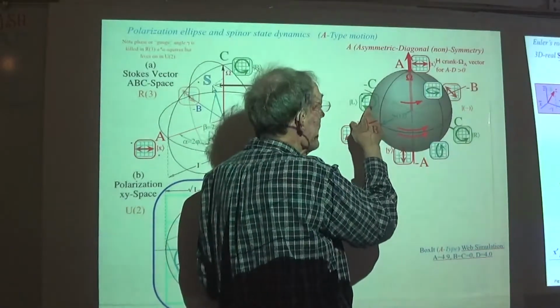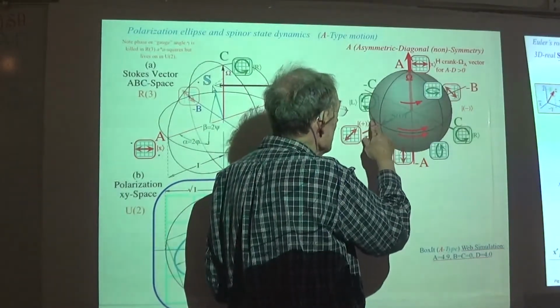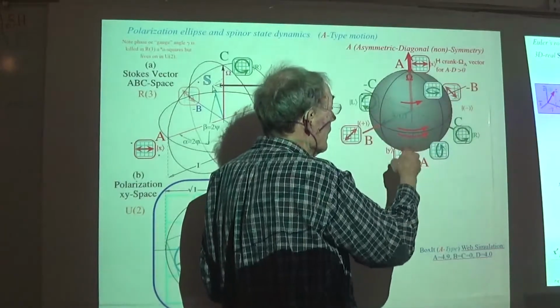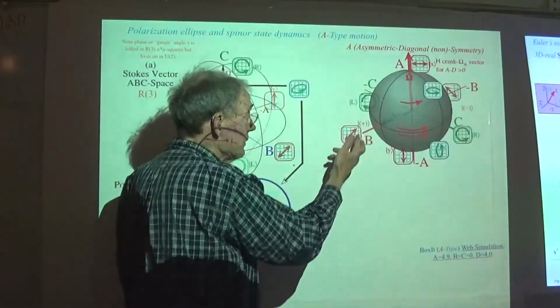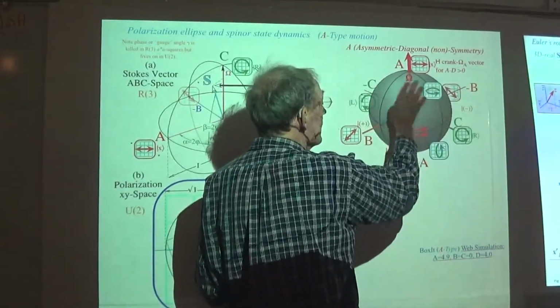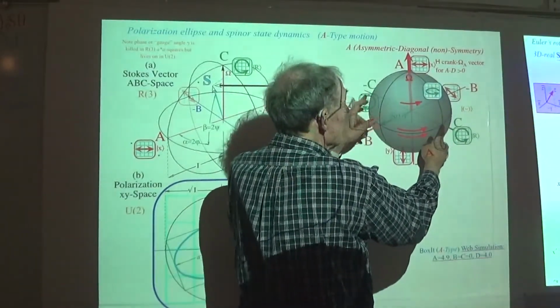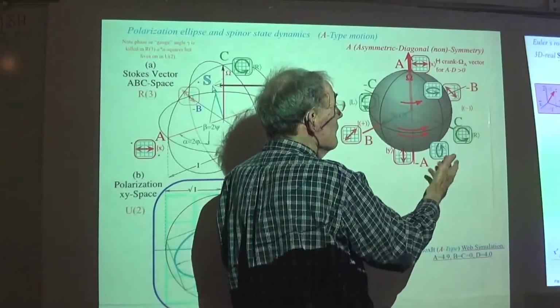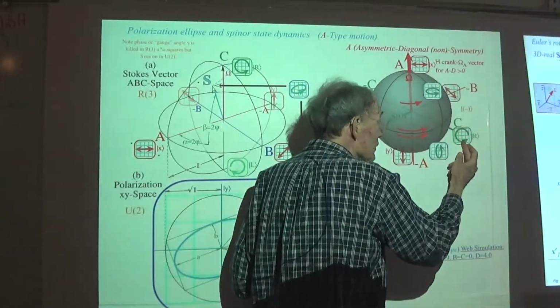And then as you come down to the plane, you'll be seeing, as I say, plane polarization all around the equator. All the rest of the sphere, except for this point and that point, is devoted to ellipses. Well, there's an ellipse. It's very perfect.